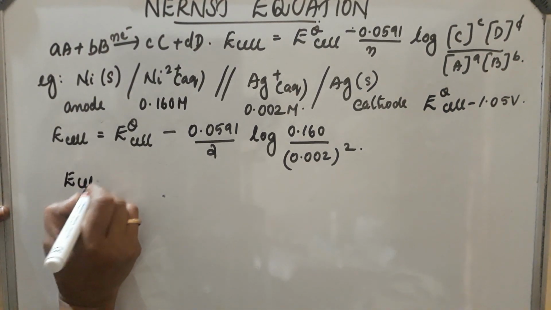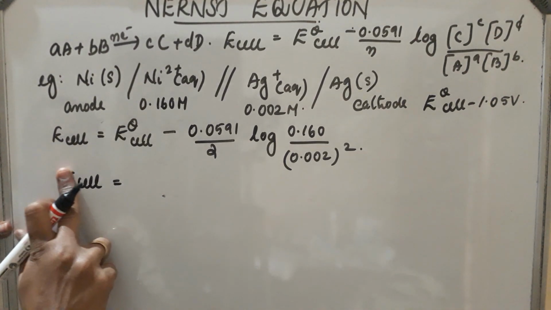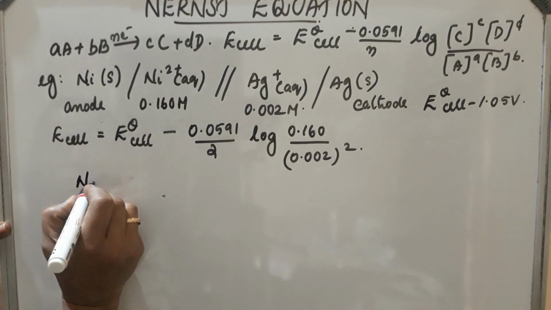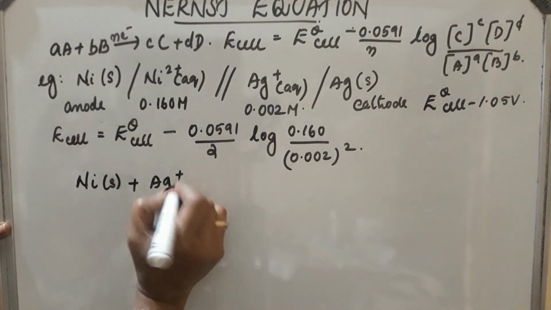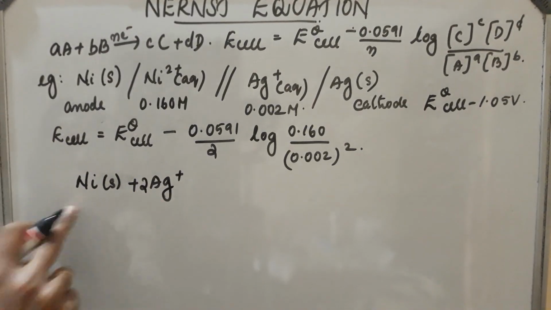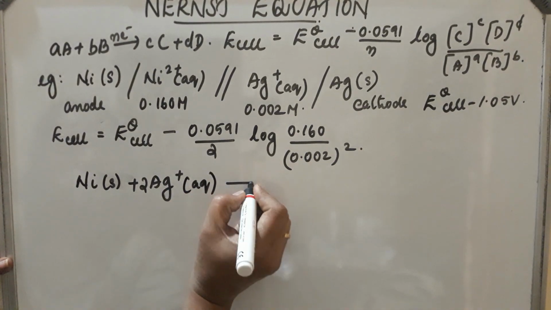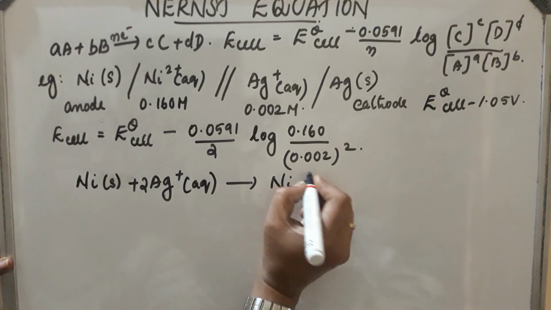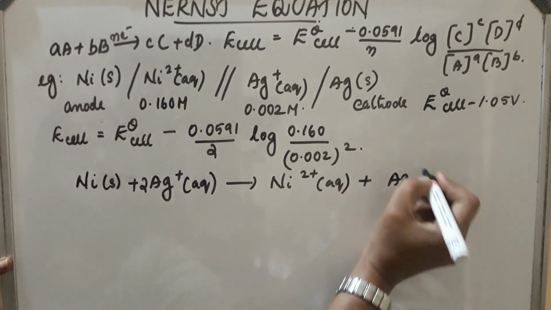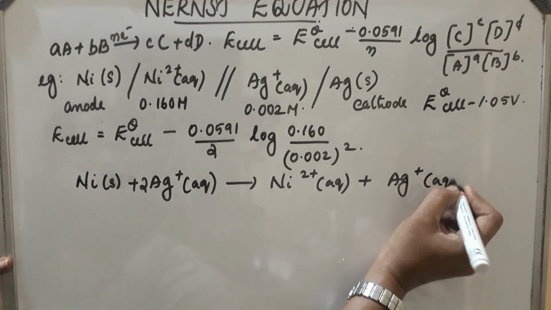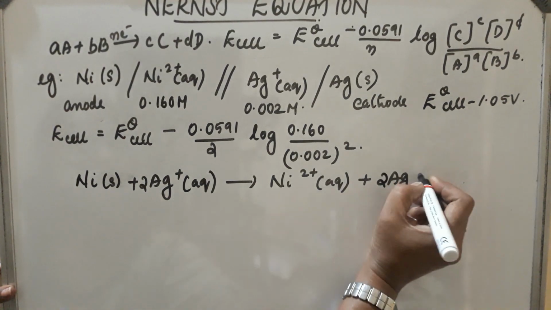Nickel plus 2 Ag plus, since it associates to Ni2 plus, so 2 Ag plus gives Ni2 plus plus 2 Ag solid.